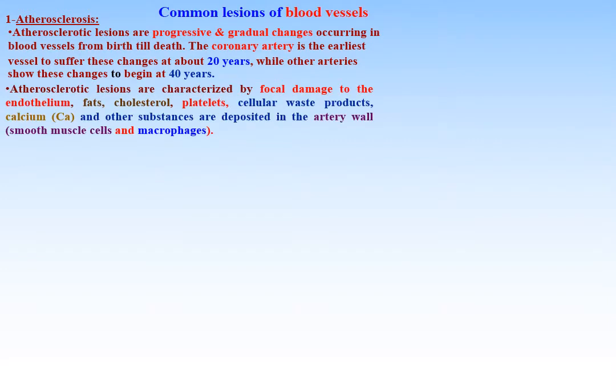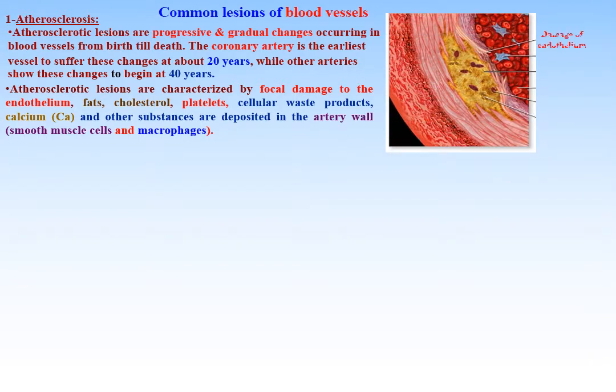Atherosclerotic lesions are characterized by focal damage to the endothelium. So, fats, cholesterol, platelets, cellular waste products, calcium, and other substances are deposited in the artery wall. These are smooth muscle cells and macrophages.